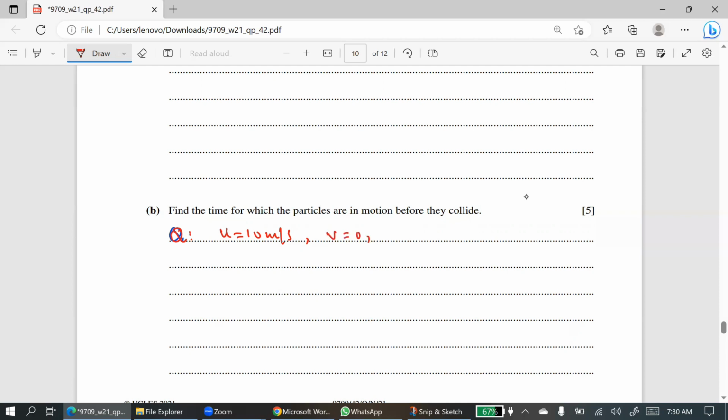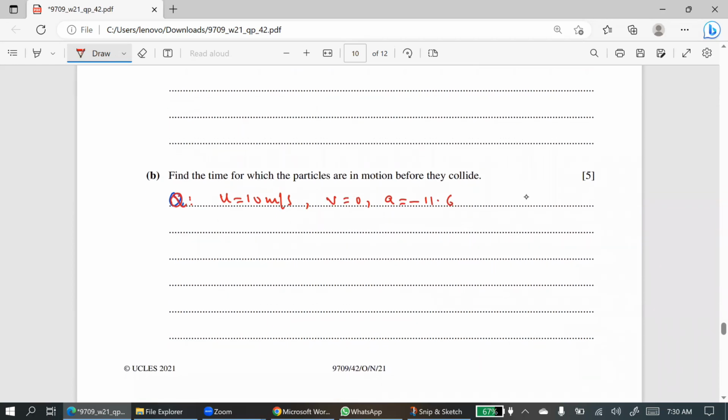V is equal to 0. A is equal to minus 11.6. Now we will find out the time. V is equal to U plus AT.